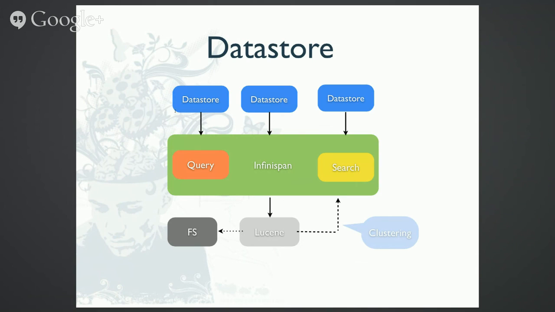So it means Infinispan basically uses itself to store the index data. And because Infinispan is clusterable, the whole Lucene indexing is clusterable as well. So you don't have to worry about a single point of failure. You just properly tweak the configuration of those.